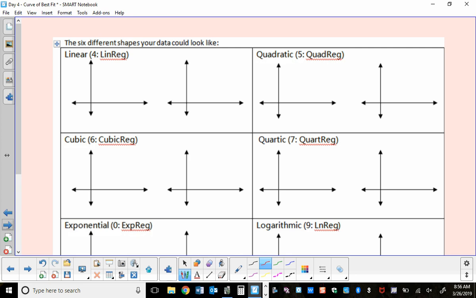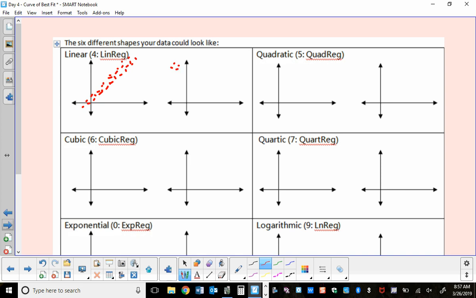All right, there are 6 different shapes your data could look like. Normally we use straight lines for this, but now we're talking about data. So I'm gonna basically put dots which show different amounts of data. For linear, let's say these are all just data points, but for a linear graph, it will be in a straight line. So make your dots appear in a straight line.